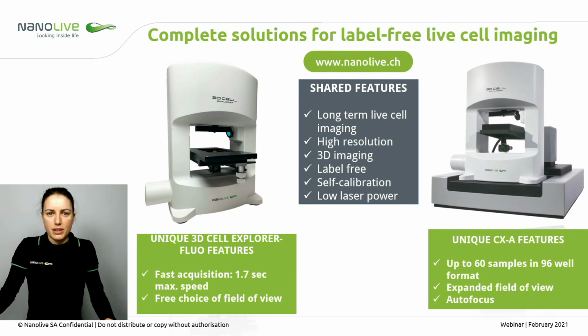So yes, we've imaged many different cell types, all of which you can find on our website. Off the top of my head, I know we've imaged mesenchymal stem cells, neurons, HeLa cells, various different types of cancer cells, and we can see mitochondria in high resolution in all of them. The mitochondrial morphology differs quite a lot between different cell types.